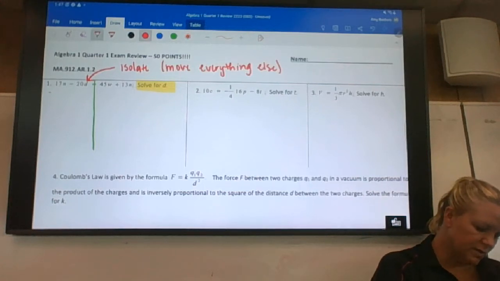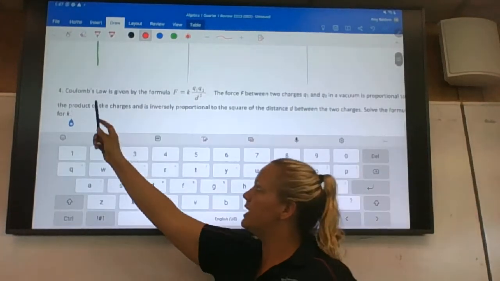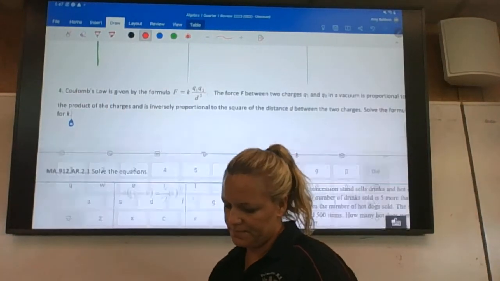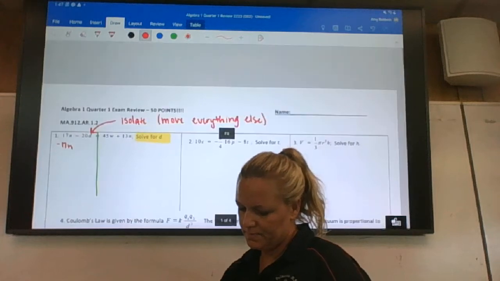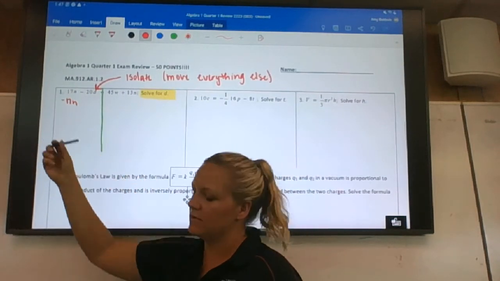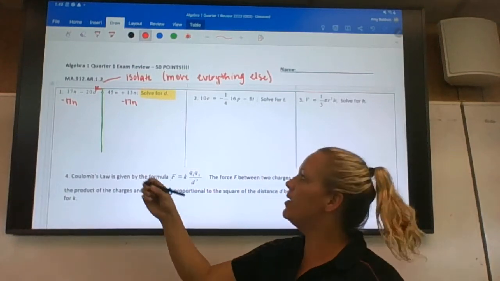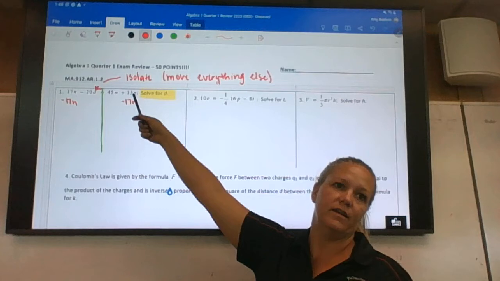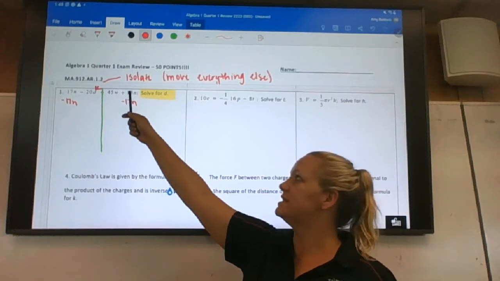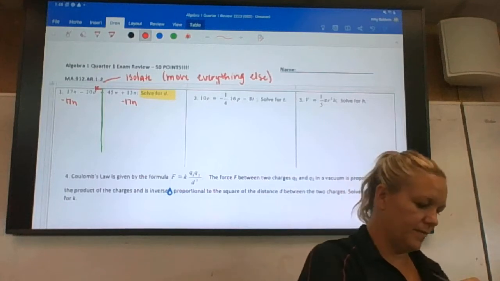I'm going to move this 17n. It's a positive. When I look in front of the 17, I see it's positive, so I'm going to subtract it. And I line it up right with the other n. So since there is an existing n term here, I can line them up.